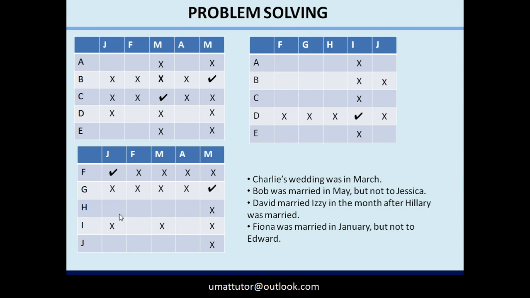And then continue down from here, because you know that Fiona's the one getting married in January, so 2 more. And finally we know that Fiona was not getting married to Edward, so we can put that there.